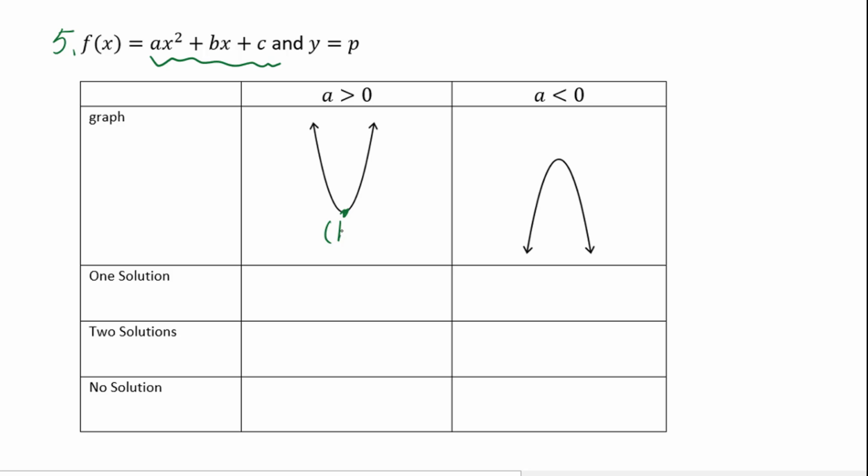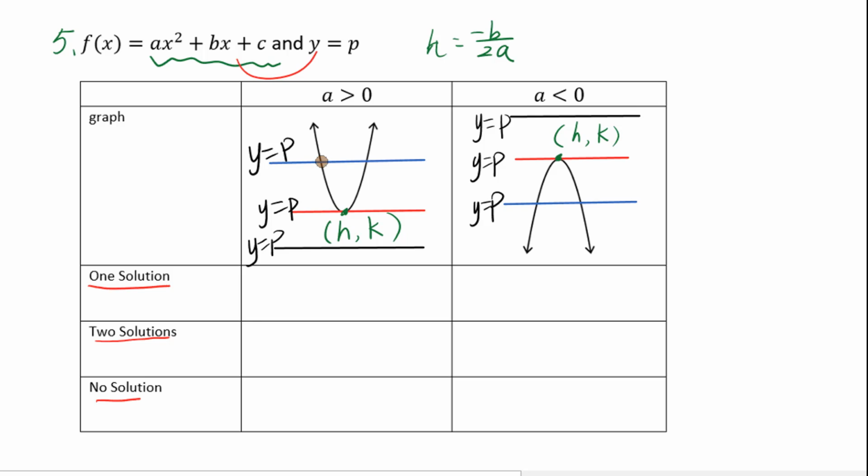Suppose this is (h, k). We have a minimum point for the quadratic function. When a less than 0, graph opens down, and we have a maximum point. Let's label as (h, k). We do know that h equals negative b over 2a.